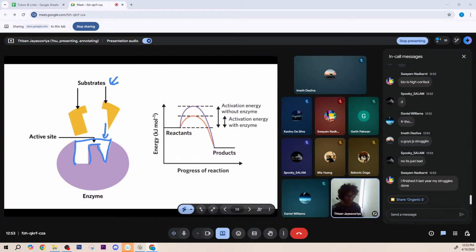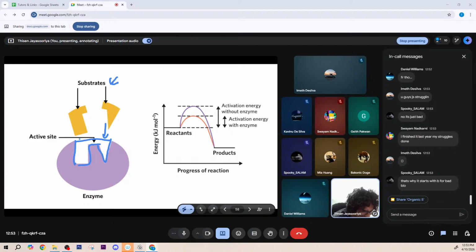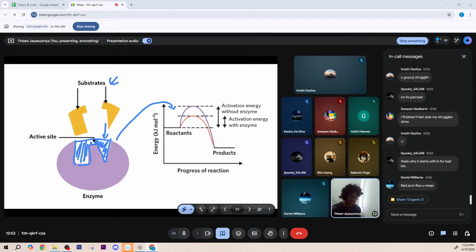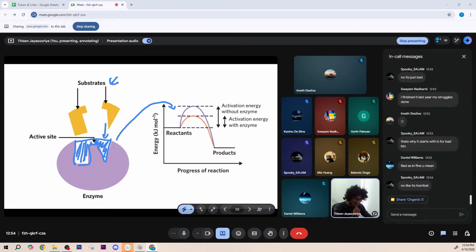So when they come together, they form the enzyme substrate complex. Again, an enzyme is just a type of biological catalyst and it will decrease the activation energy required. Right? So it's just a catalyst. So, is that all good for everyone? Does that make sense? Okay.